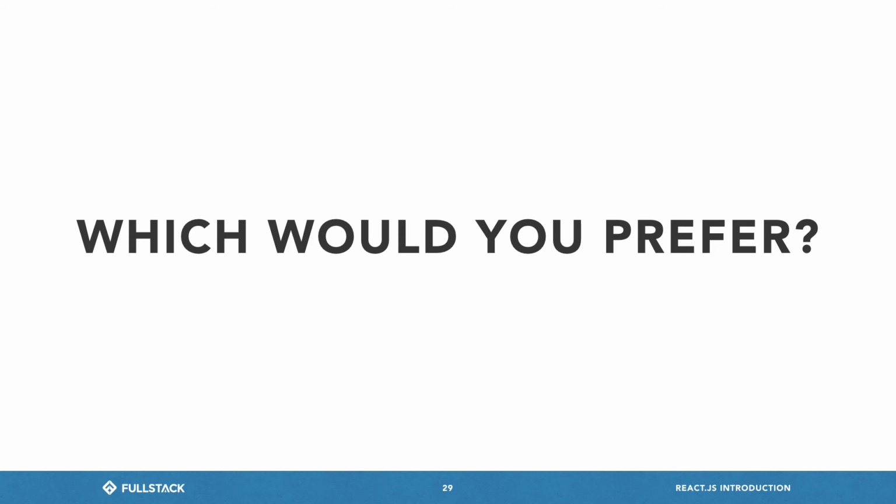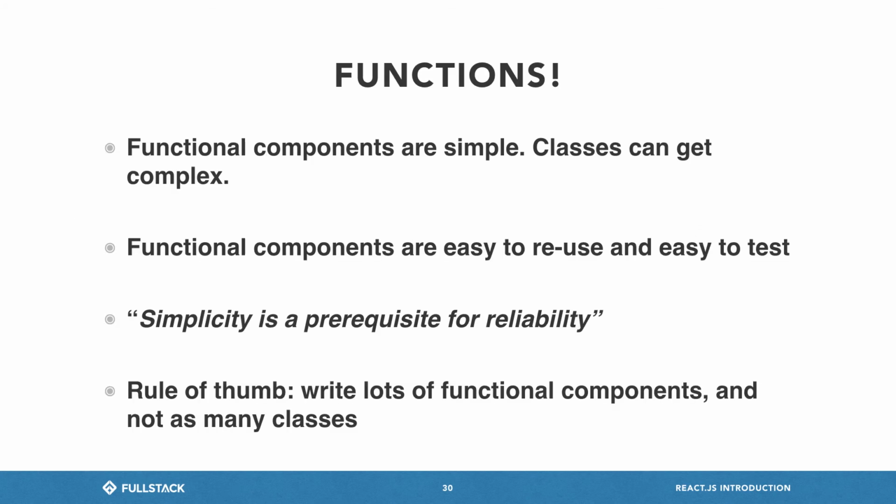Did anyone stomp? I didn't even hear exactly what you said. Oh, stomps for functional components. All right, if you have any shy stompers, you are correct, but I didn't hear any.